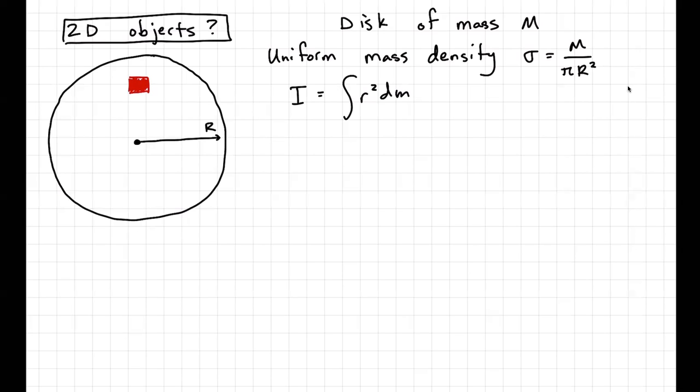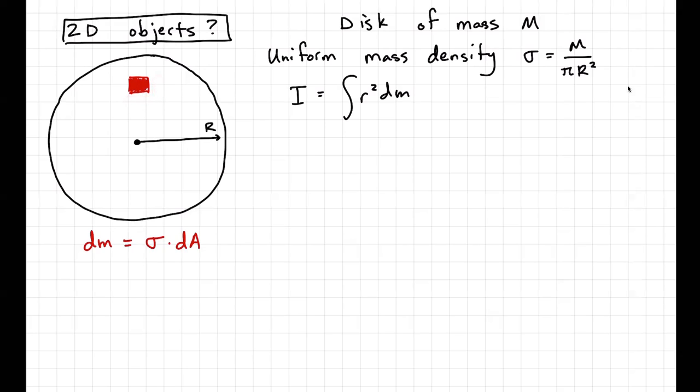The little red square has a little bit of mass. The mass will be equal to the mass density times the tiny amount of area that that square has. Now this really is a rectangle, not a square. And there's some dimensions to it. There's some, say, width to it, and there's some height to it. If I can get the width and height of this rectangle, I just multiply those together to get the area. So let's try to figure that out.